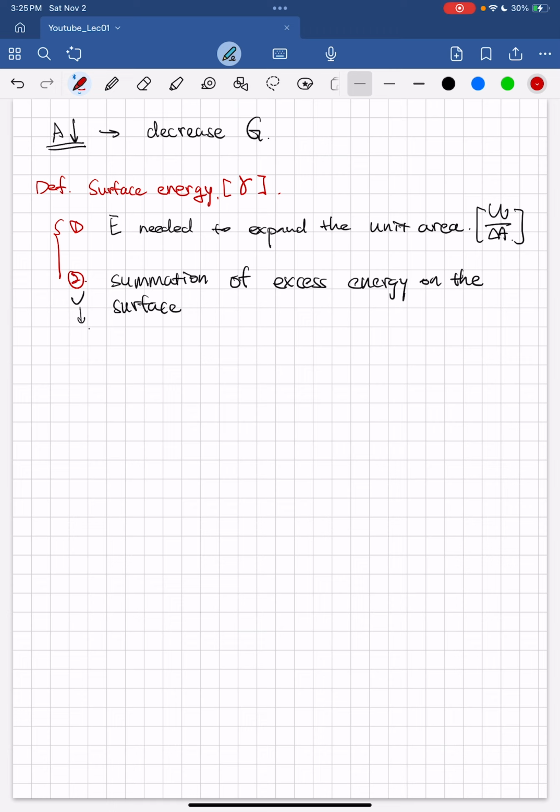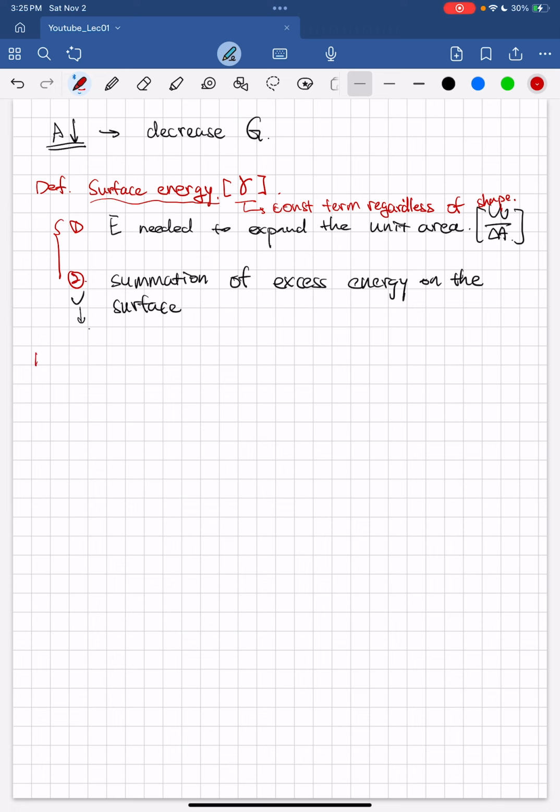So this is our surface energy, and it is a constant term regardless of shape. It depends on the material, the crystal structure, the intermolecular force, and what kind of bonding, whether ionic, metallic, or covalent. It doesn't depend on the shape, okay?